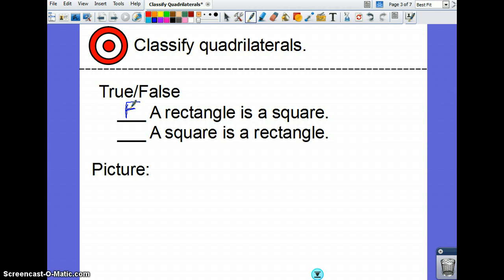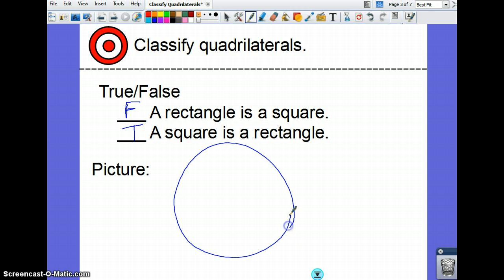However, a square has four right angles and four congruent sides, and a rectangle just has to have the four right angles. So that means that any square that you put out there is going to satisfy the definition of a rectangle, because a rectangle has those four right angles. So this is true, because the square satisfies the definition of a rectangle. So you're going to think of this as a picture.